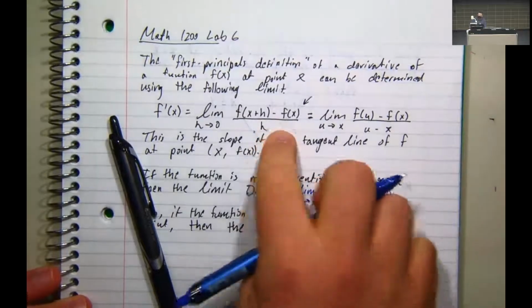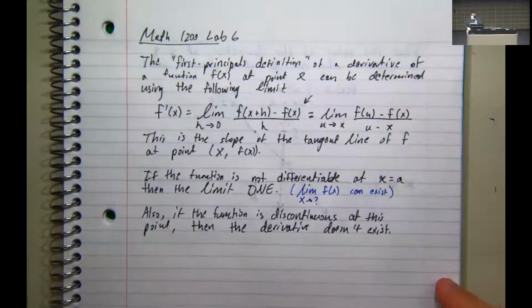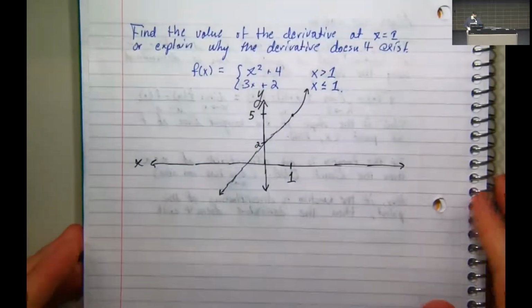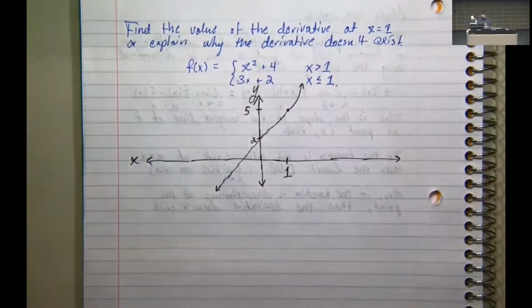But this limit won't exist. Okay, so I've added a graph of this function just so we can see what's going on. But let's go ahead and go through it.